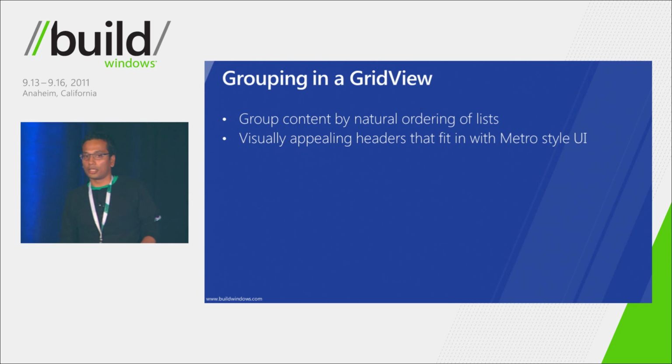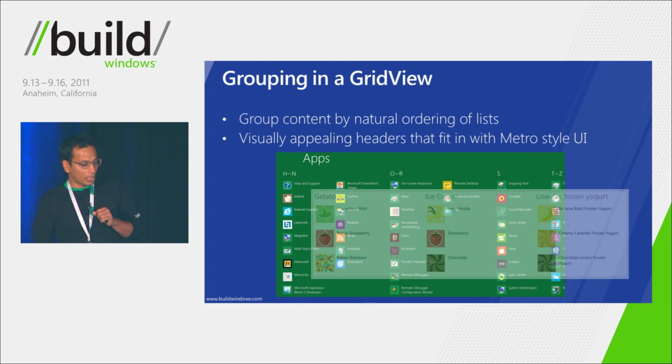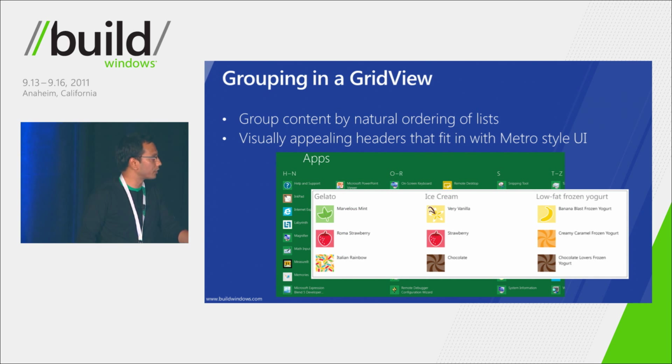If you are in a contacts application, most of the contacts are grouped by alphabets. The Windows 8 apps search area groups applications again by alphabets. You must have seen that on your devices. And over here, I have another example of a fictitious application which is mimicking an ice cream shop.